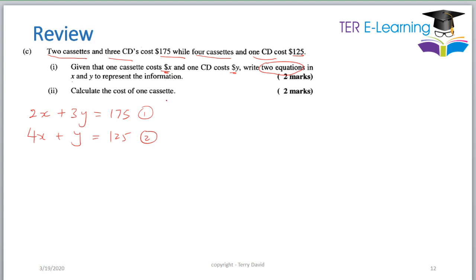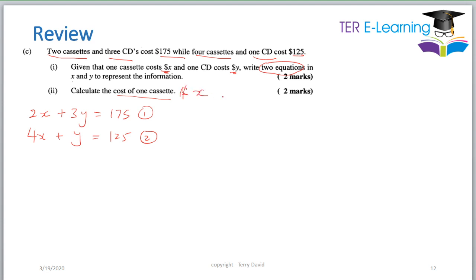All right. So what we've done here, we've written 2 equations, right, to represent the information that they've given to us. Now they want us to find out what is the cost of 1 cassette. But 1 cassette is actually X dollars, right?